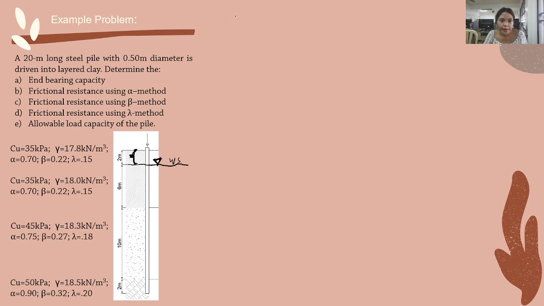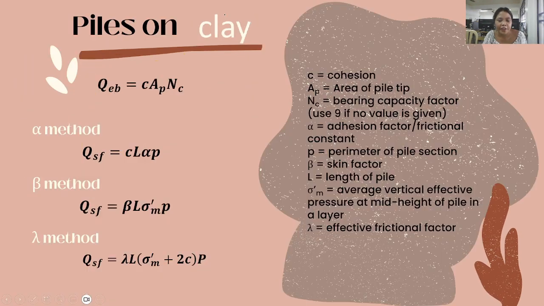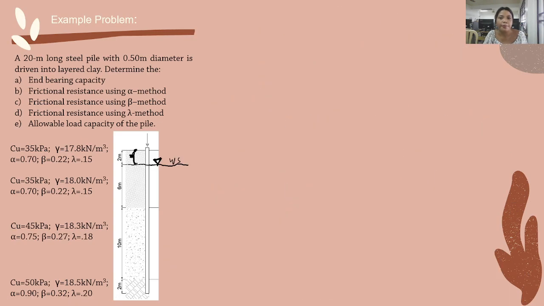Okay? So, bago tayo mag-proceed kay beta method, alamin muna natin yung main formula niya, that is Beta L sigma prime M P. Long is QSF is equal to beta L sigma M prime P, where beta is given naman per layer, ito 0.22, 0.27, 0.32. So, wala tayong problem dyan.